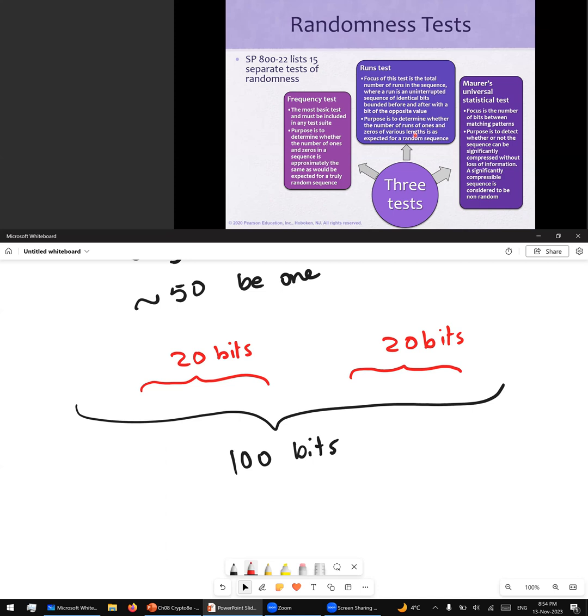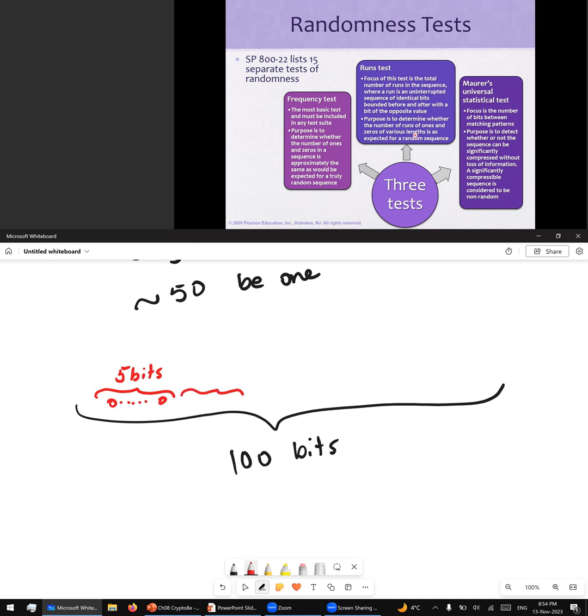So if we have a 100-bit output here, let's say this is all zeros, and this is 5 bits.